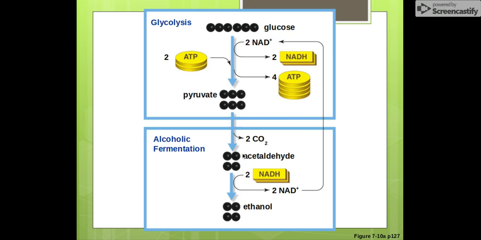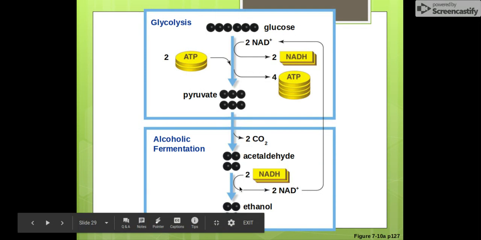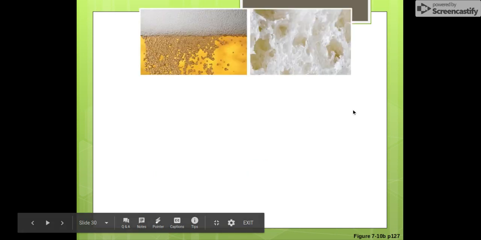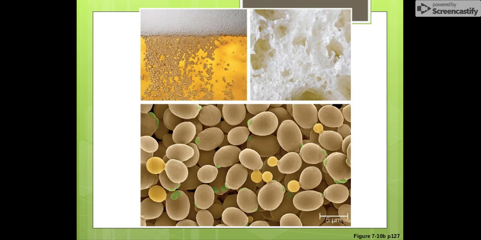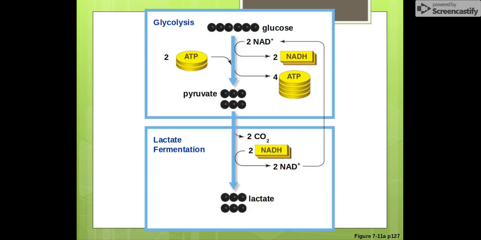We've got this acetaldehyde, pulling in some hydrogen ions, electrons, and we're forming ethanol, okay, that alcohol. This is our alcohol fermentation used to produce beer, bread, these types of things.